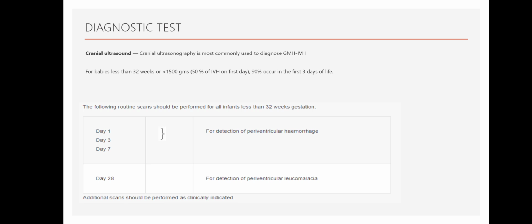The decision to go for an ultrasound will depend on many factors, logistics being one reason, but also the clinical presentation of the baby. On day 28, we do an ultrasound, which is primarily to look for periventricular leukomalacia. We'll talk about that later in more detail.